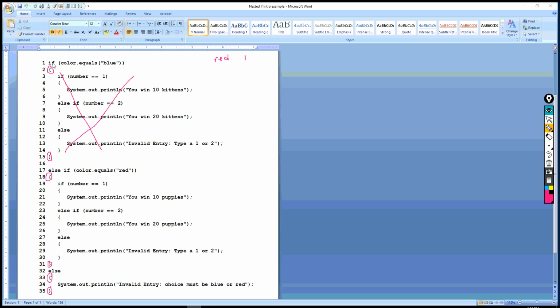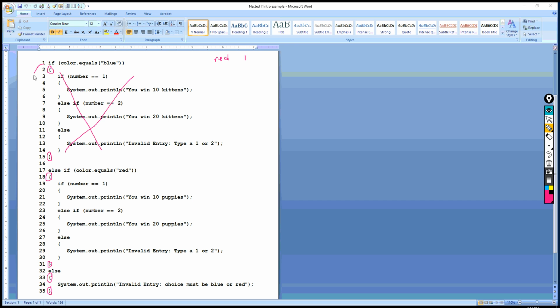And so because we're dealing with the outer if, the next thing it does is it goes to the else if statement. So if the Boolean expression is false, it's going to go to the else if statement. Now red does equal red. So now it's going to execute the else if clause.